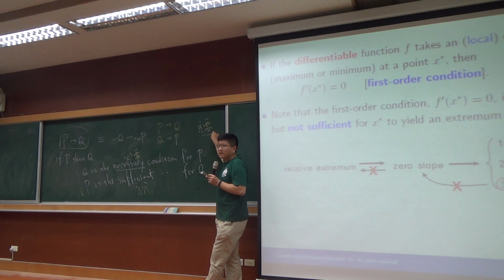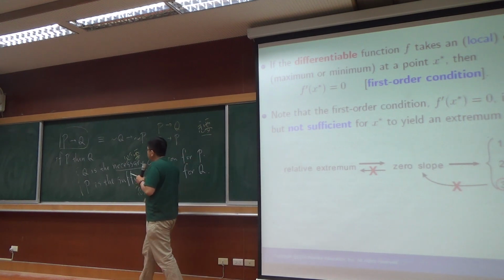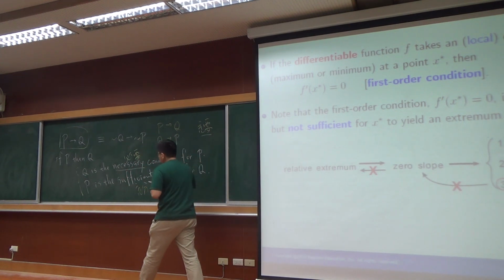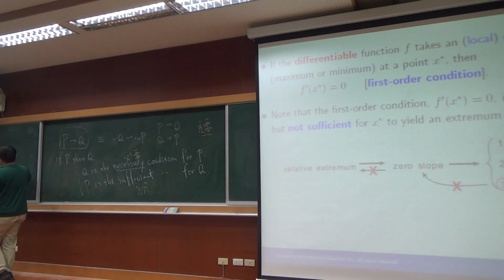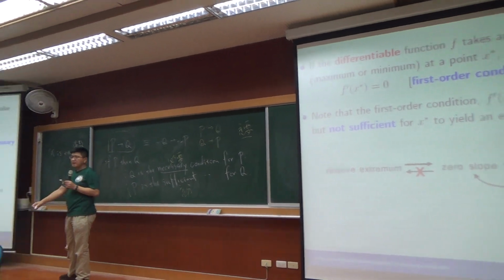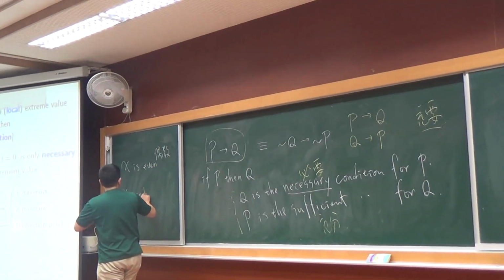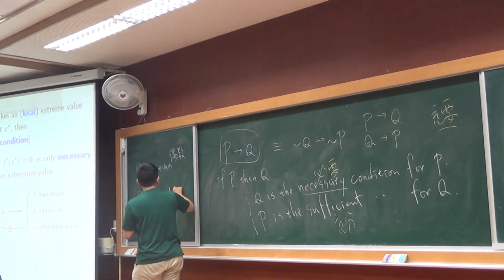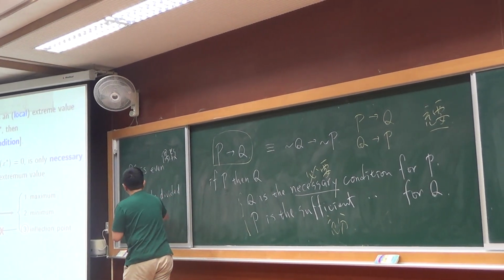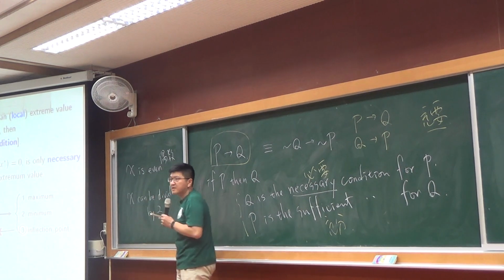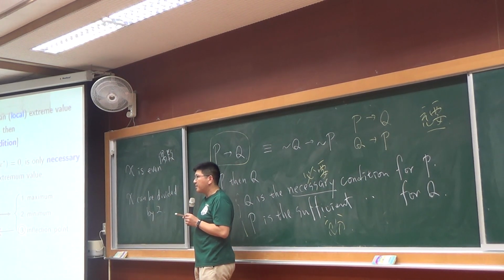Okay? So, let me give you an example. We say a number x is even, which means x can be divided by 2 perfectly without any residual.